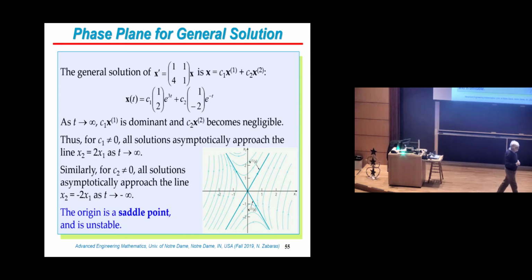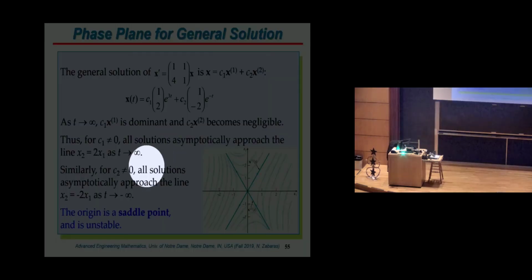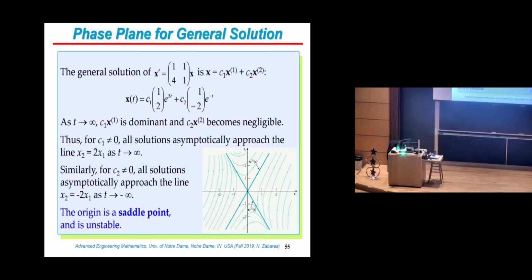So the origin, in this case, we call it a saddle point. And obviously, it's an unstable point because all the trajectories run away from 0, 0. They go to plus infinity or minus infinity. Can you tell me why I call this a saddle point? The good way to look at the saddle, you remember in optimization problems, maybe in your old courses, when you have a function, you say a point is a saddle point.